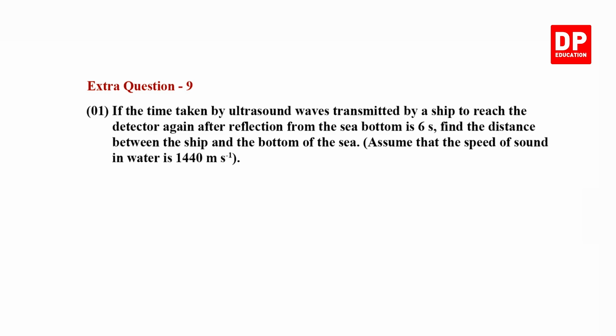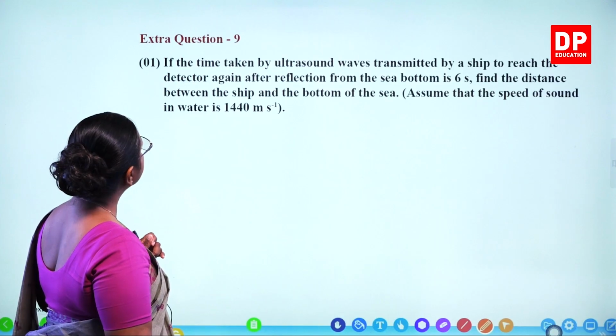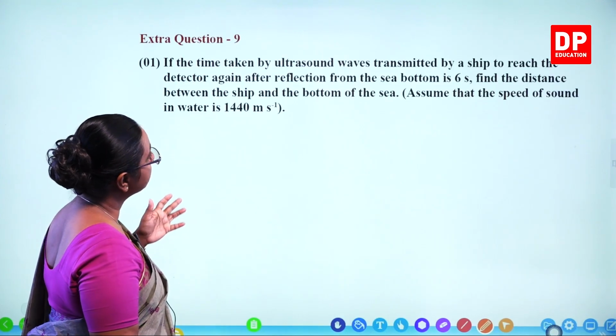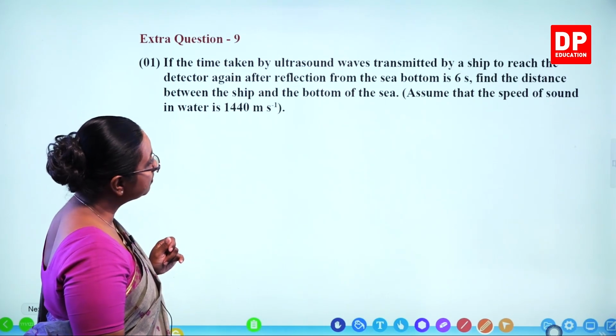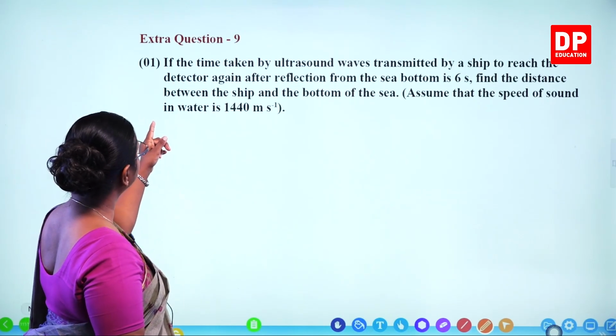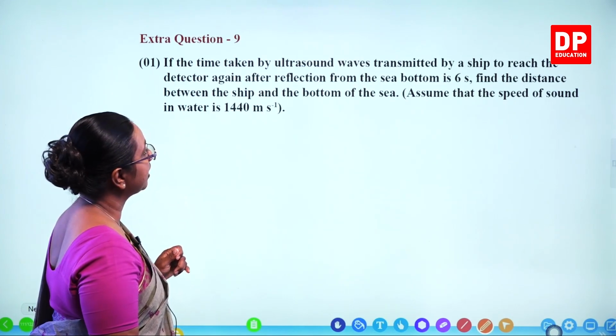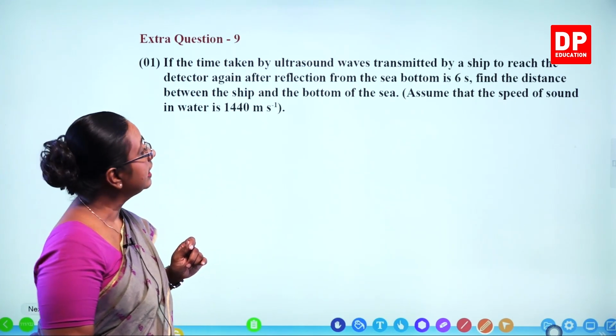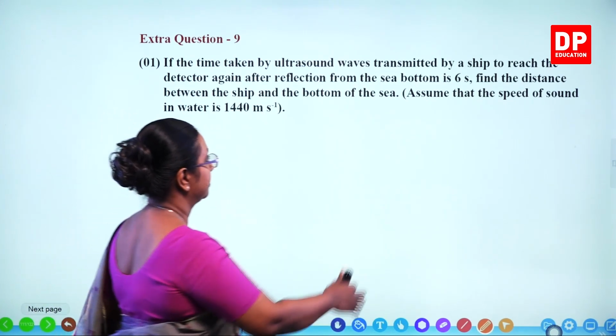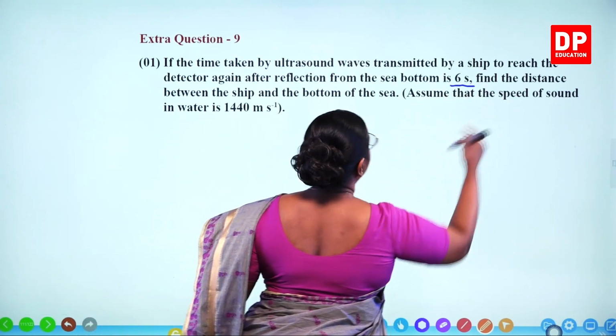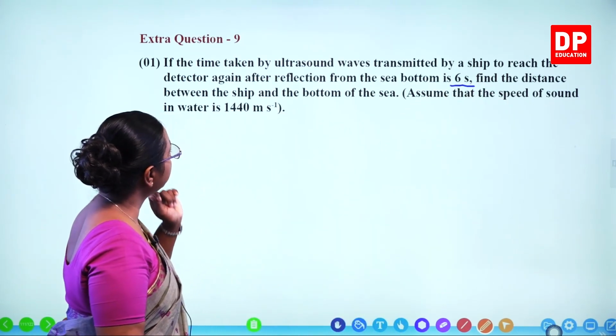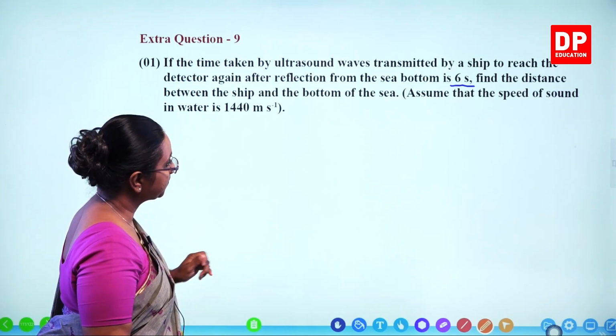Extra question 9. If the time taken by ultrasound waves transmitted by a ship to reach the detector again after reflection from the sea bottom is 6 seconds, find the distance between the ship and the bottom of the sea.